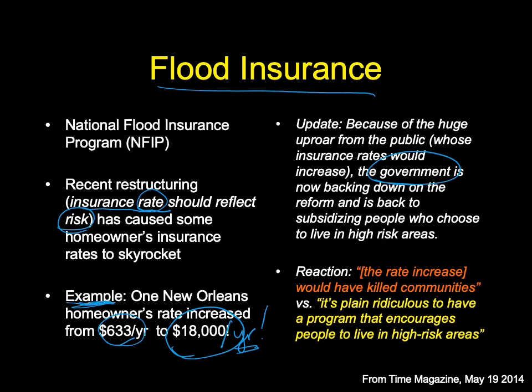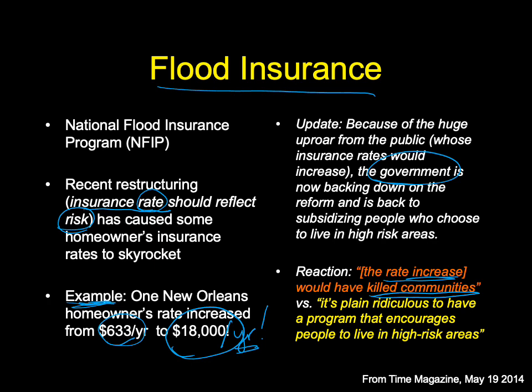Those folks that were living in very flood-prone areas, many of them had lived there for generations. This was their home. This was their family's home. It was all they had ever known. And so the increase in the rate would have killed communities, right? Plenty of people spent their entire lives there, and their great-grandparents had had houses there.